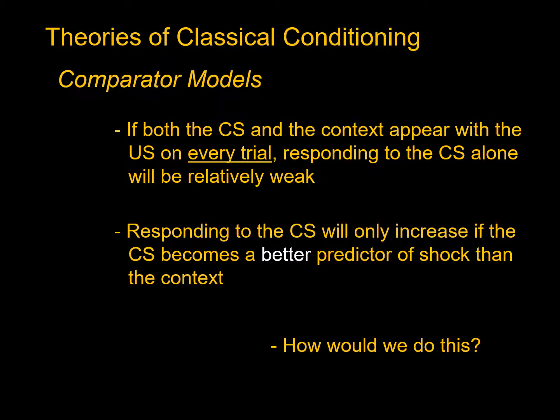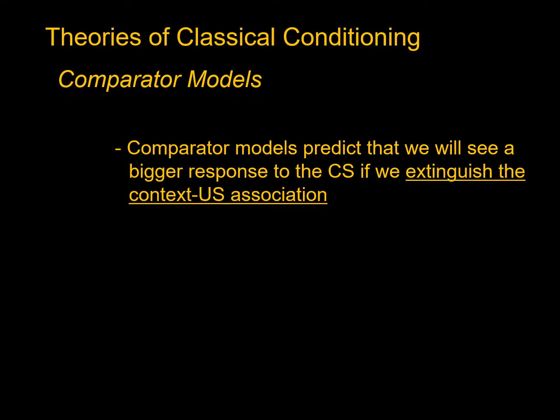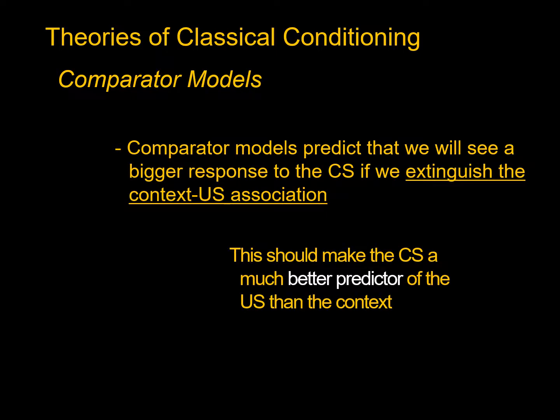Now, how are we going to make the CS a better predictor than the context? Well, I think the answer should be pretty obvious. We start extinguishing the context-US association. Well, how would we do that? If we move to a different place, then what are we going to do in the different place?